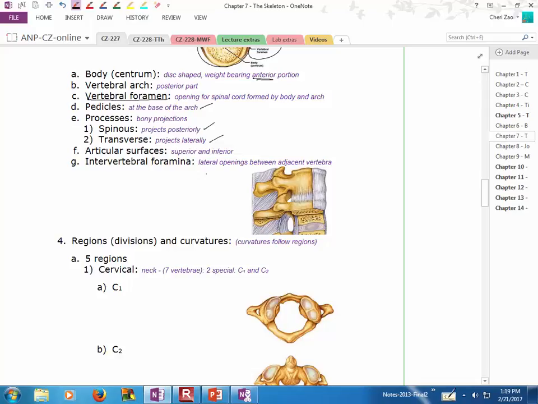And then we have intervertebral foramina. Foramina are just a lot of little holes which allow for the passage of our spinal nerves.